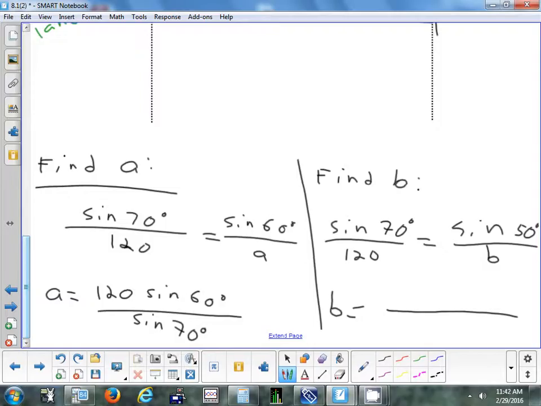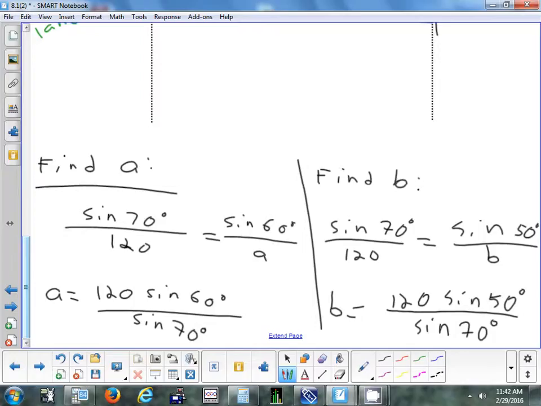Yeah, good. You got 120 sine 50. Yep. And then what else do you have to multiply? Sine 70 over B. The sine 70 times B. Okay? And what's going to happen when you multiply sine 70 times B? Then you're going to have to move sine 70 to the other side by dividing. Okay, and that's B.